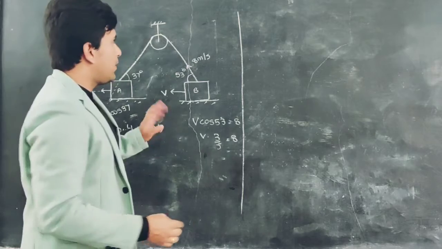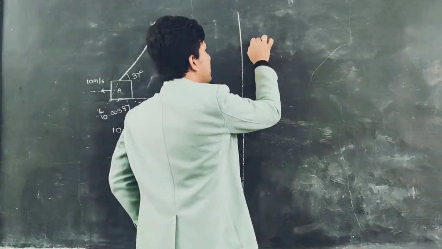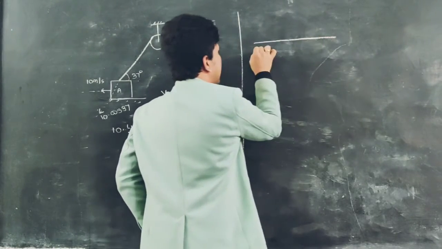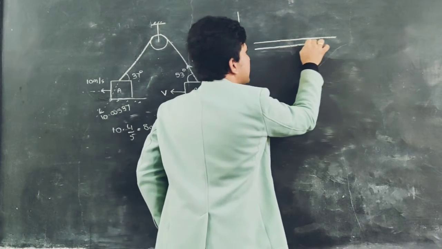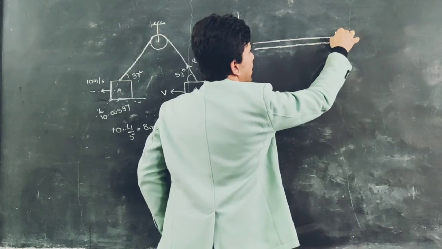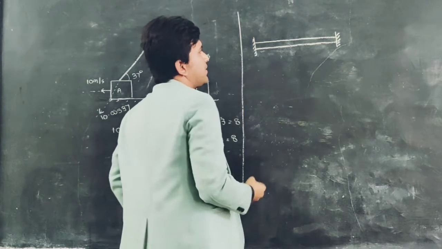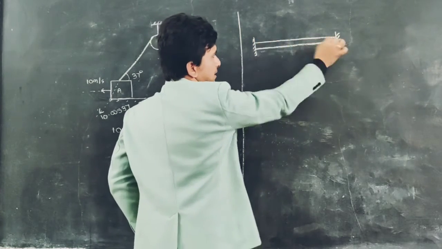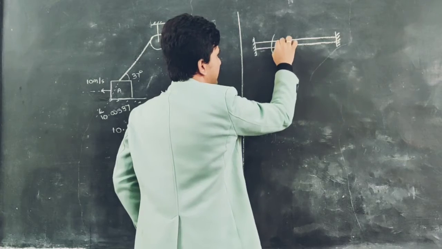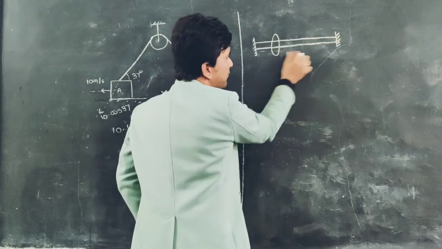You might have heard of this term called bead. A bead is basically a small ring-shaped structure which can slide over. This is basically a structure and you are having a bead here. This can freely slide.